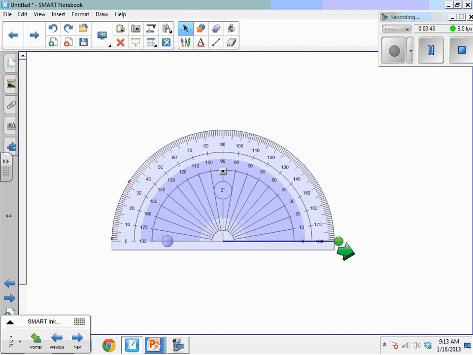All right? So to draw this angle, what I would do is I would then take the straight edge of my protractor.